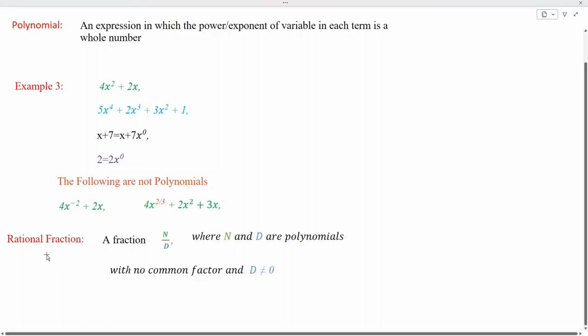What is a rational fraction? A fraction of polynomials is called a rational fraction. In other words, if n is a polynomial and d is a polynomial and there is no common factor in n and d, then we will say that n by d is a rational fraction, and of course d will be non-zero because anything divided by 0 is undefined.